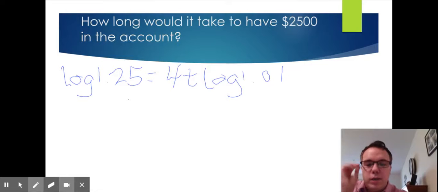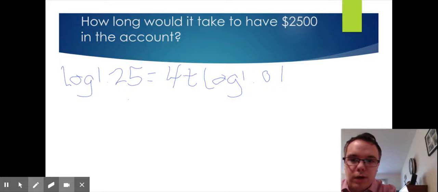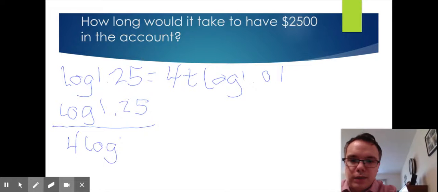To get our t alone, we're multiplying by 4 and the log of 1.01, so I can divide that on both sides. So I'll get the log of 1.25 divided by 4 times the log of 1.01 is going to equal my t.